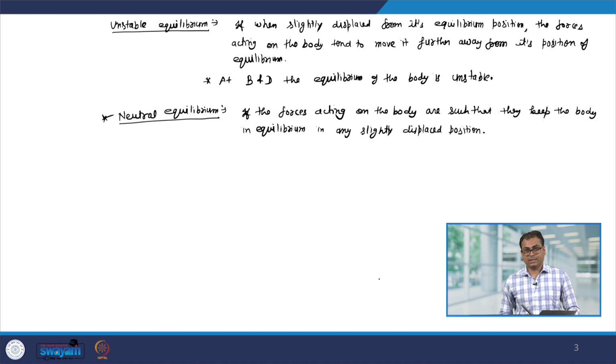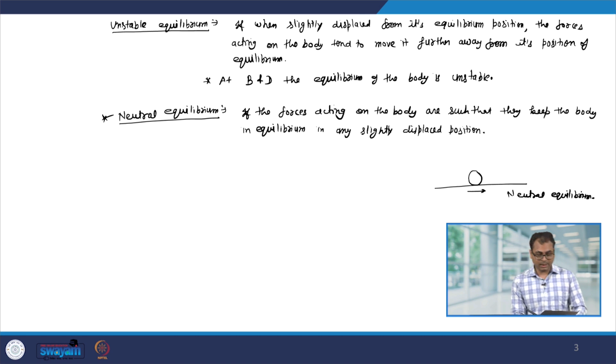Okay. Let us understand it by an example. Suppose we have a flat surface and on this surface you have a body. Now, you displace the body slightly. In that case, the body will remain in the equilibrium. So, it will move, but again it will be in the equilibrium. In that case, this is called the neutral equilibrium.